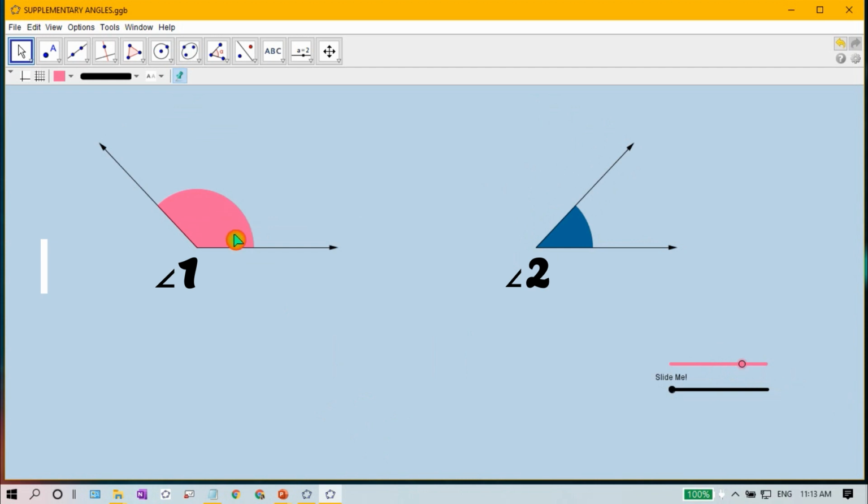Okay, let's try to change again the opening of this one. So I have here this angle and this angle. Let's see if they are supplementary. Okay. And there we go. Right. So we can say that they are supplementary. Next. Let's try this one. Let's see if they are supplementary.